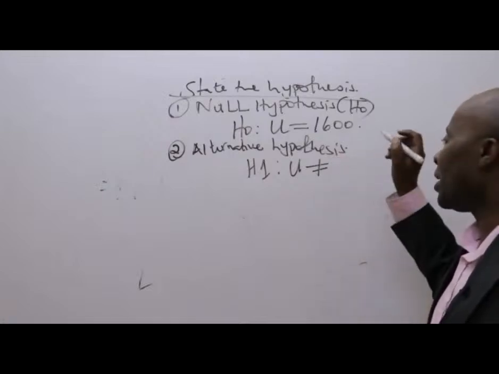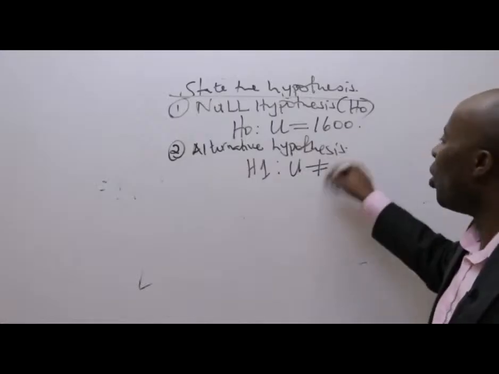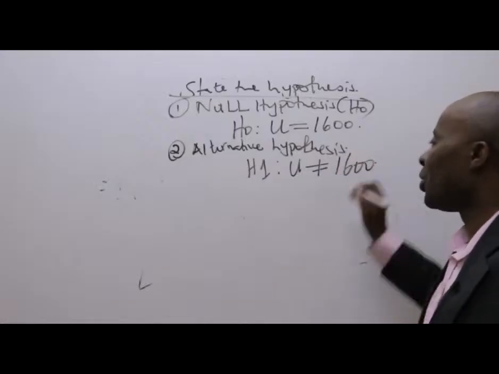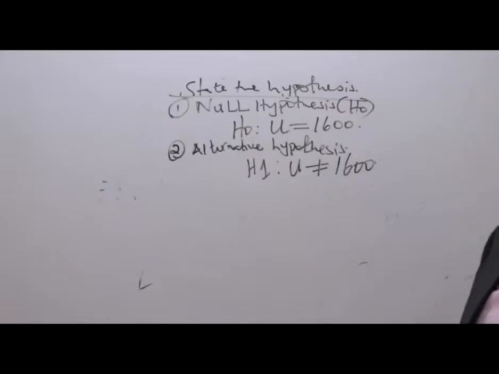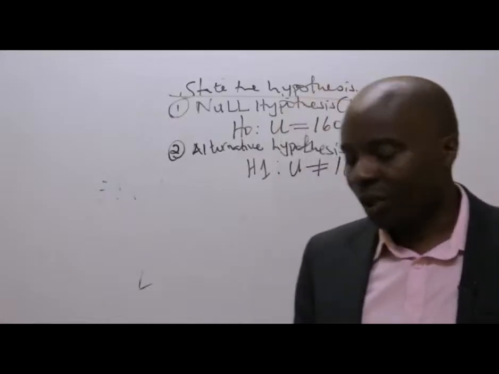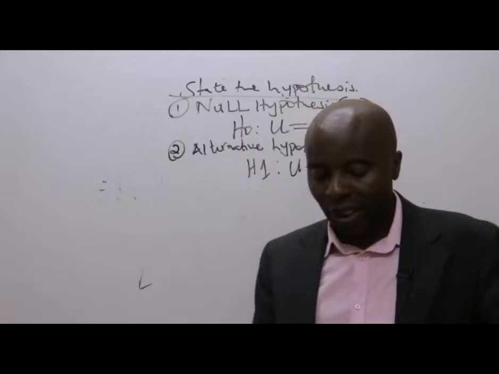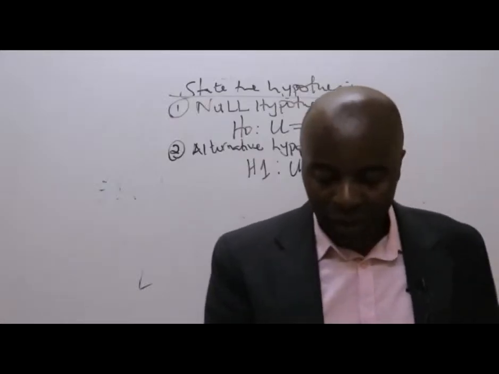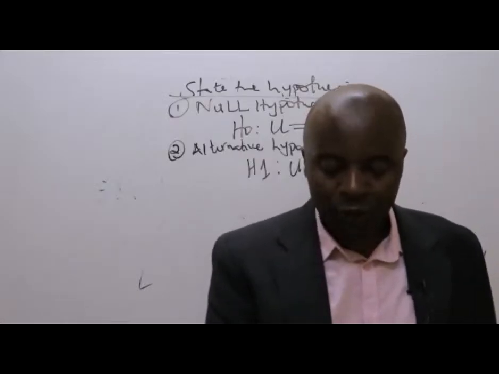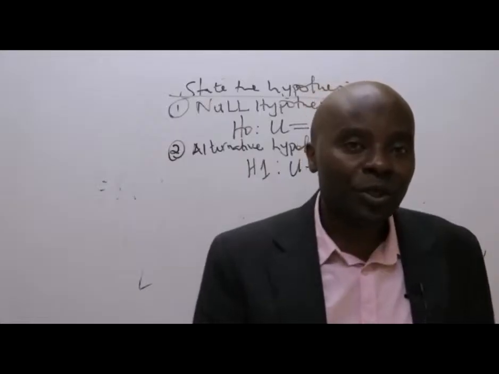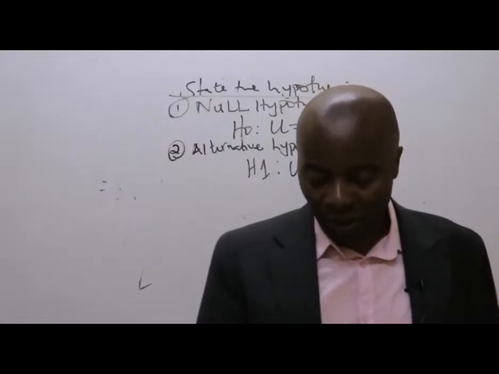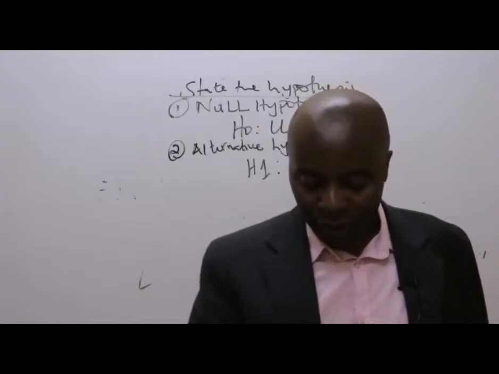So in this case, our population mean is not equal to 1600. If that is the case, I would want us first to define what a null hypothesis is and what our alternative hypothesis is.